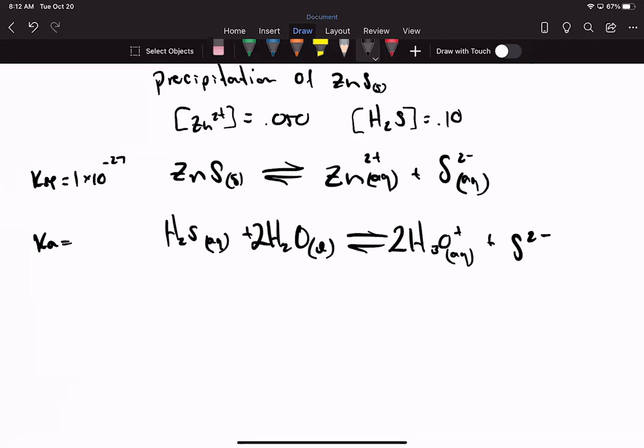Wow, lucky I provide you guys these reactions on the exam. And that's why this Ka is different, at 1.0 times 10 to the minus 26, since we're doing a second ionization on here. So the second ionization, so this is the Ka2, 1.0 times 10 to the minus 26.